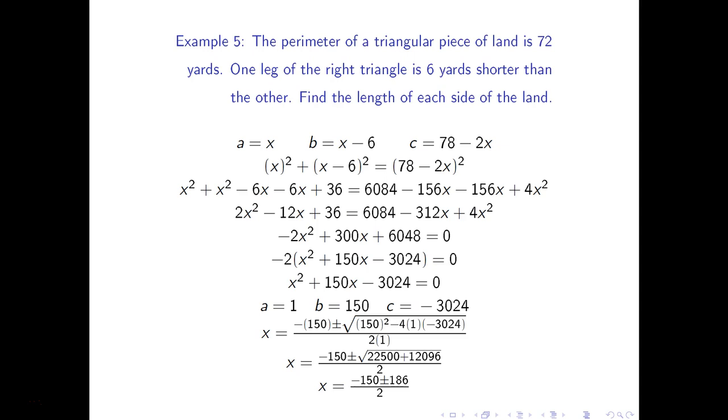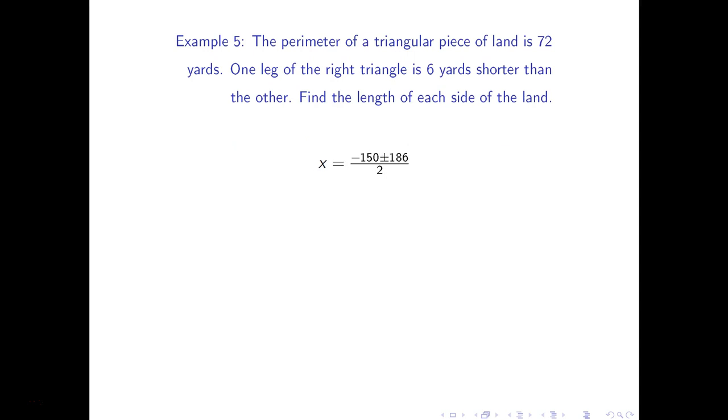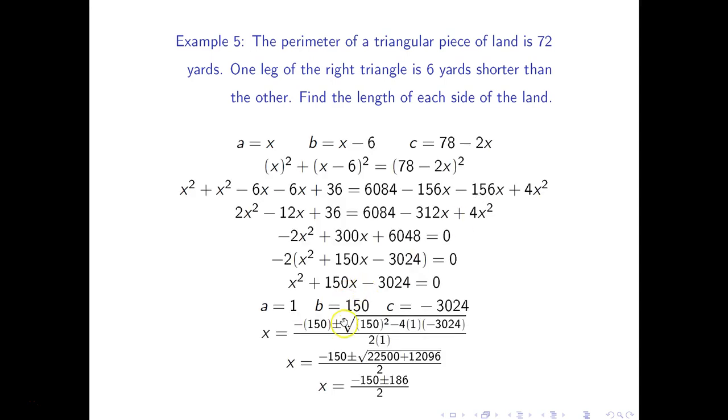Now, if you're looking at it, you can quickly realize that I have two answers for this. Either I have the plus version and the minus. I'll even go back, you guys can see. So I plugged and chugged. This turns out to be a nice perfect square. It's 186. So I just took that square root.